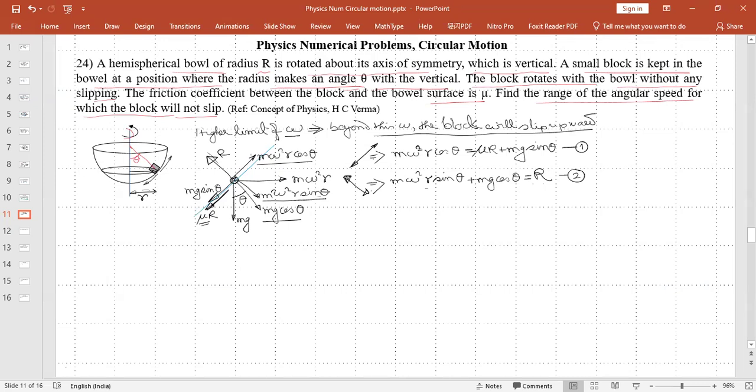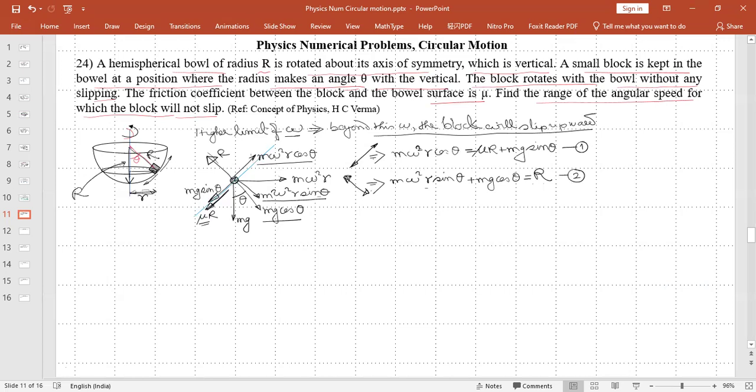Now there is one thing we should remember. This distance is small r, and capital R is the radius of the entire bowl, and this angle is theta, and this is also the radius of the bowl, which is R. So small r is equal to capital R sin theta.